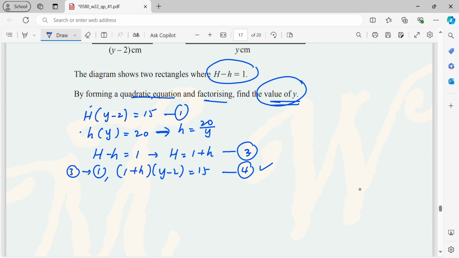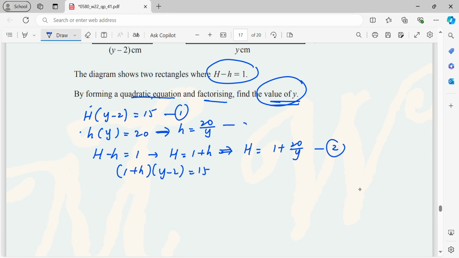So if that is the case, you can just change this into h, then the h will change to y. That means my capital H is basically 1 plus 20 over y. Let this be the second equation. I rewrite all this.